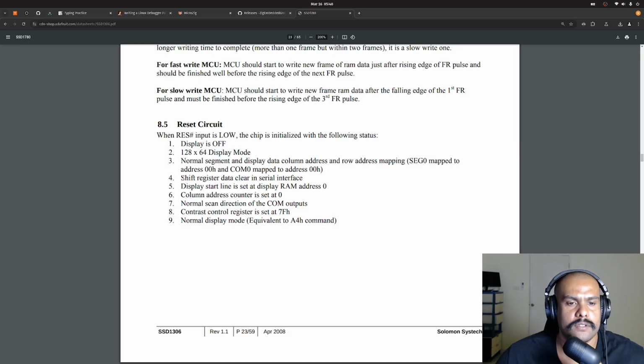Shift register data clear in serial interface. Display start line is set at display RAM address 0. Column address counter is set to 0. Normal scan direction of the COM outputs.